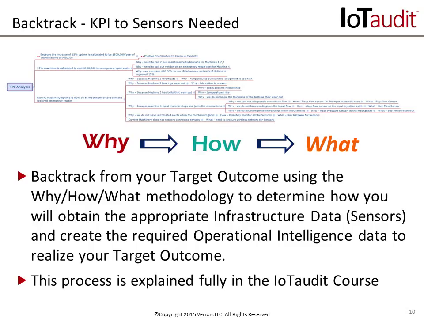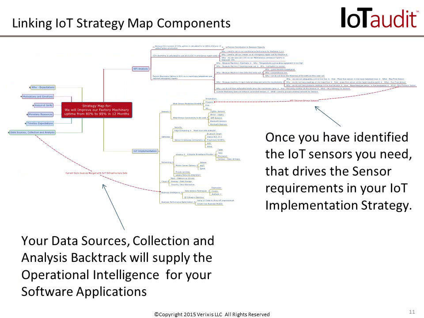All these materials are in the IoT audit course. But what I'm doing, moving from left to right, is actually determining which sensors and what modalities you need. For instance, temperature sensors, pressure sensors, flow sensors. You're going to need to understand and collect the infrastructure data required to create the operational intelligence that in turn is going to help you solve your target outcome.